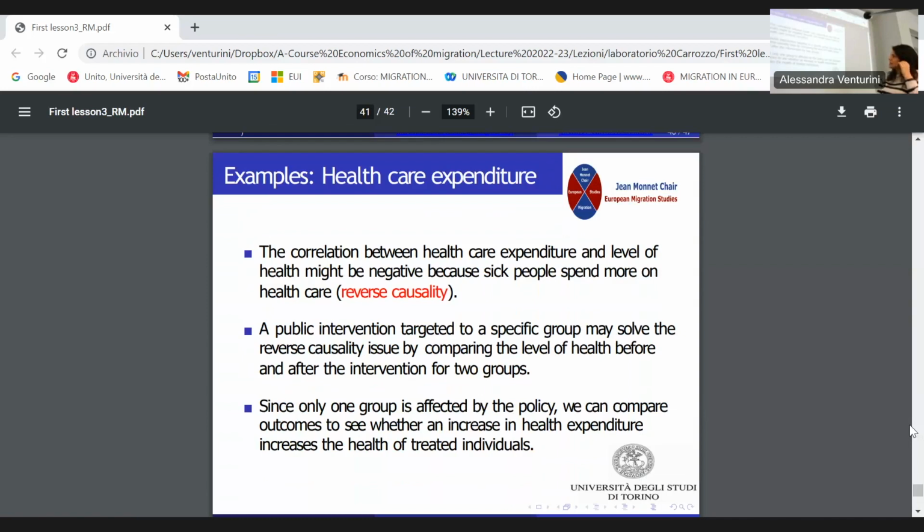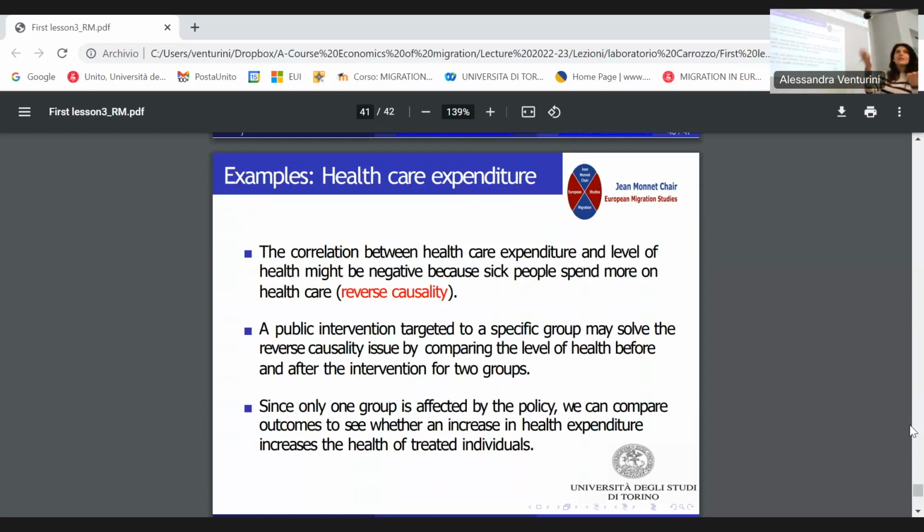Another example could be, for instance, imagine the relationship between the value added of the firm and the number of immigrant workers. If you run a regression, you can find, for instance, that the firms that employ more immigrant workers present a higher value added.